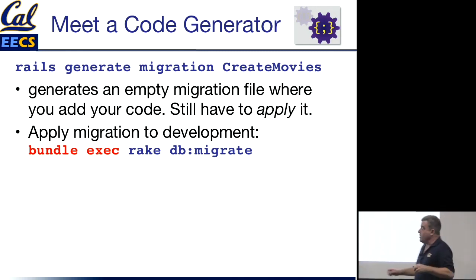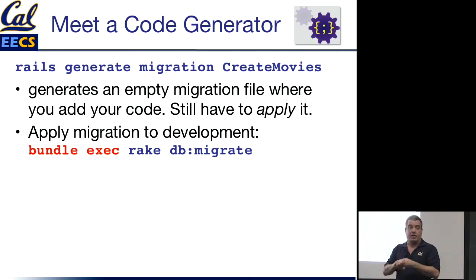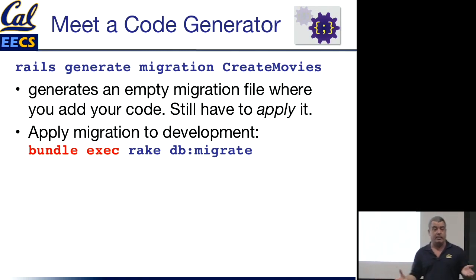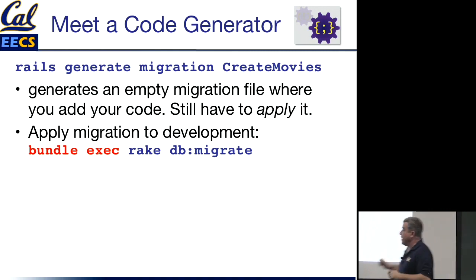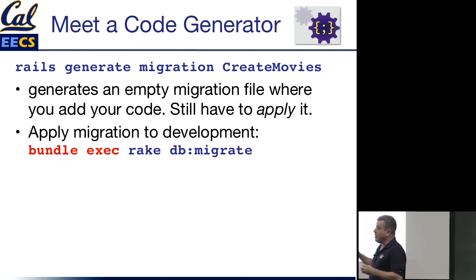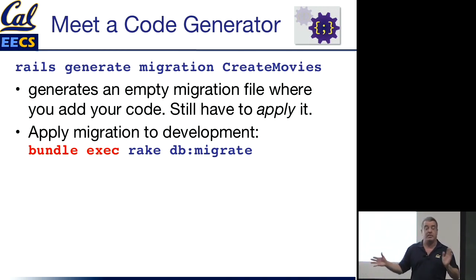So that means take the stuff in my migration file and actually make those changes against a particular database. In this case, it's my development database. Because Rails is smart enough to know that when I'm working with my app and typing things into the command line, I'm in development mode. But there are other ways that you can tell it, apply it to the production database, apply it to the test database. We will get to those things in due time.